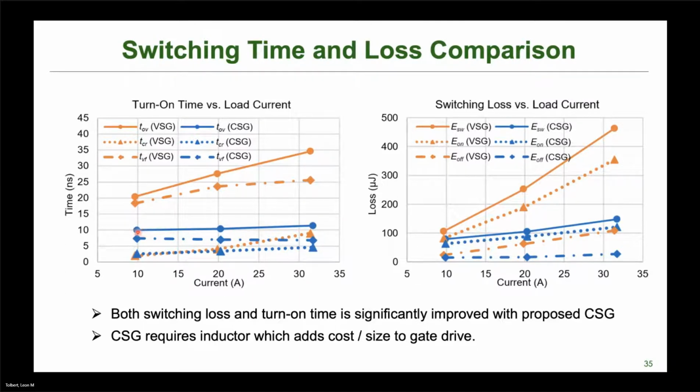And notice we don't change as much, even as our load current is changing. We're not varying quite as much, so it's a more consistent turn on time here. And then this is showing the switching loss versus current, and it should be similar to this turn on time.